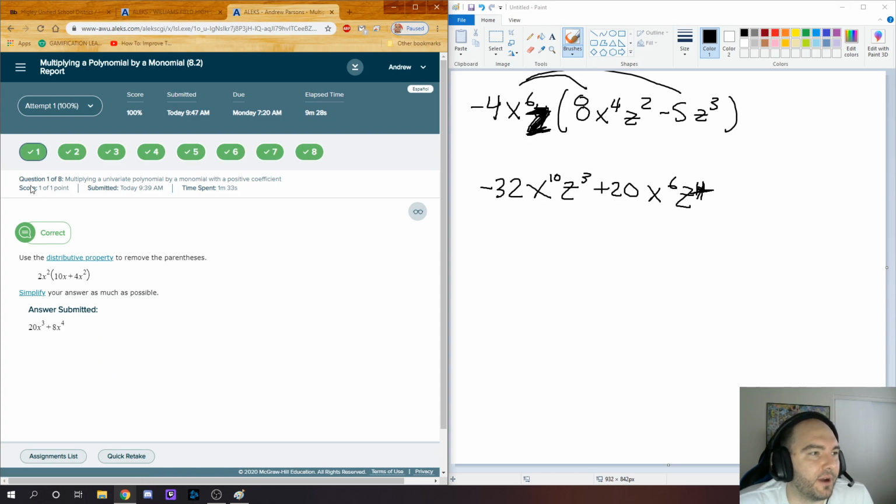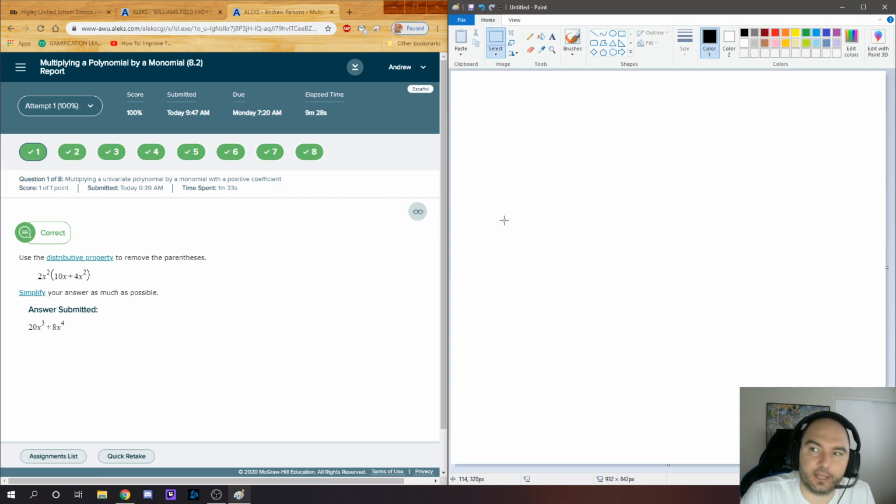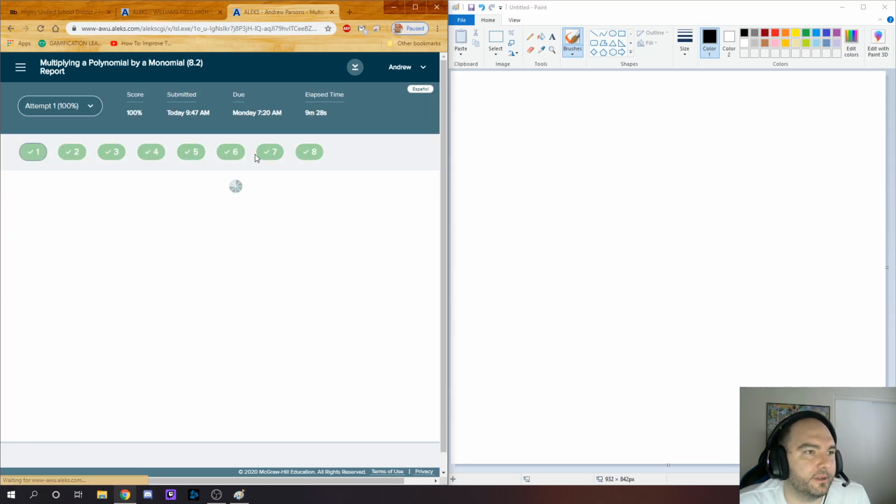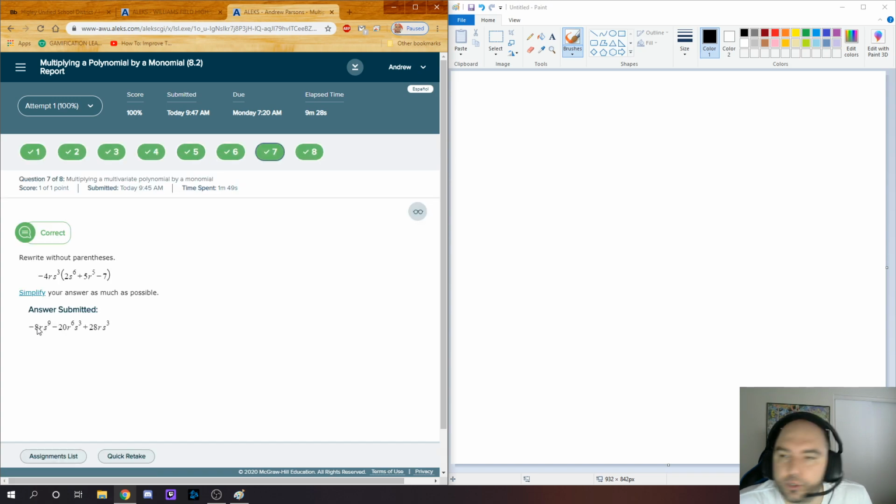So let's talk about the problems. Pretty much all of the problems were taking something outside a parenthesis and distributing it in, and it was simply a case of taking the numbers and multiplying them, and taking the exponents of the like variables and adding those together. So we did that for the first 6 problems, and down here on 7 and 8, we had multiple letters to distribute or combine.